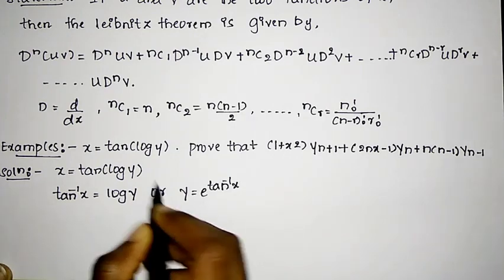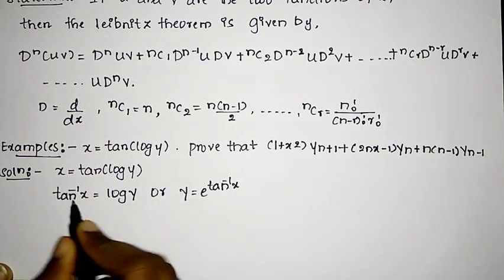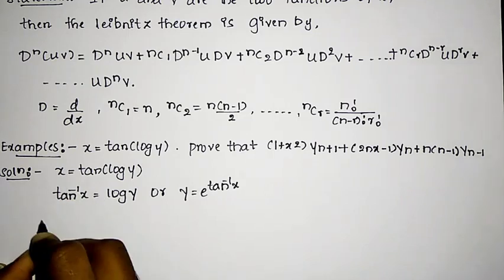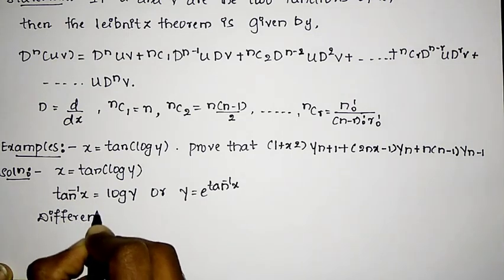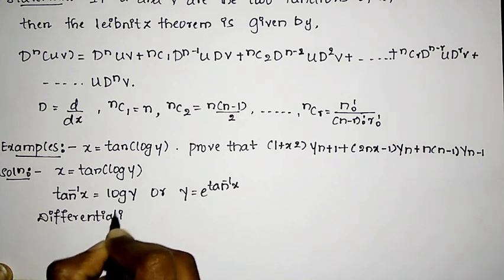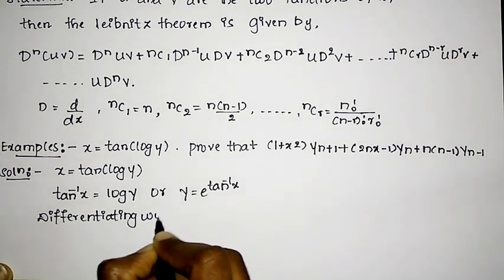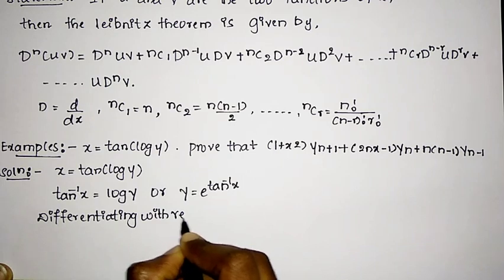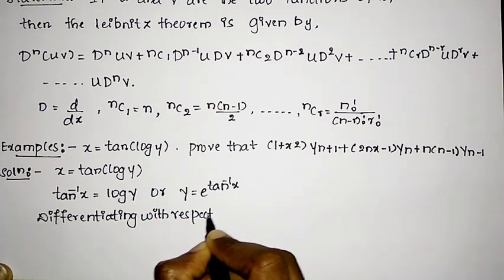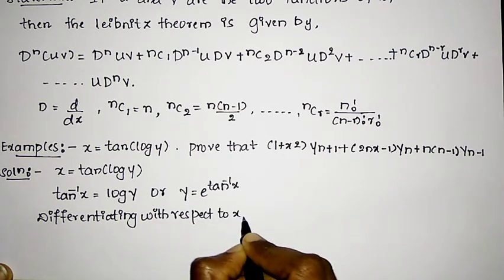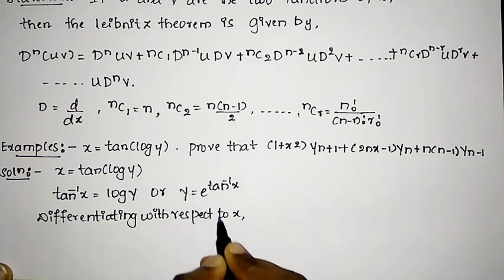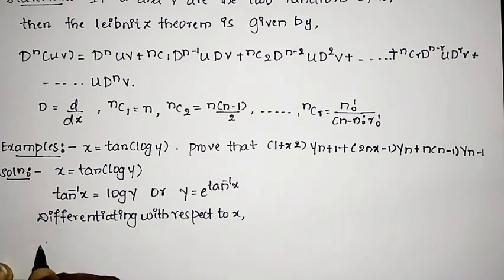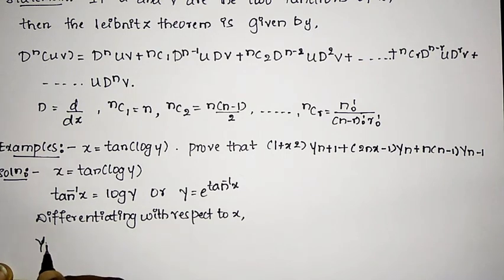Then after that, to find the nth derivative, first we need to differentiate the function with respect to x. Differentiating y with respect to x, consider the first derivative to be y1.